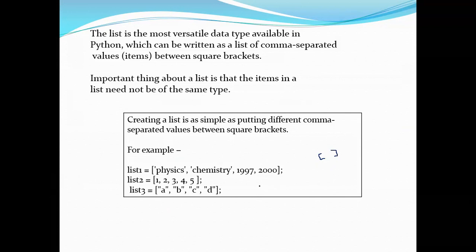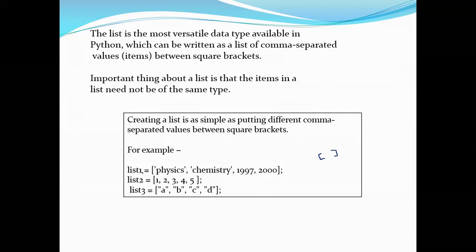I can store data items of any data type, be it a string or a number, and in numbers I have integer, floating point, everything. Any data item I can store in a list separated by commas.